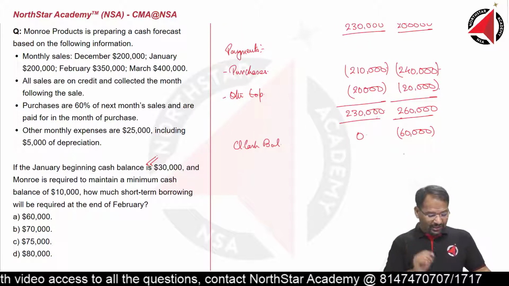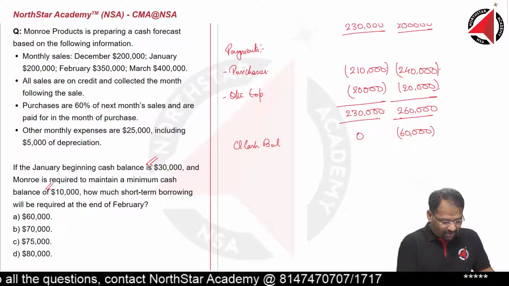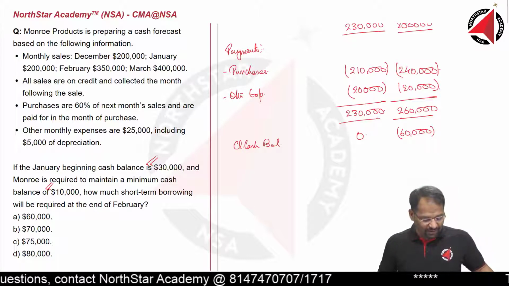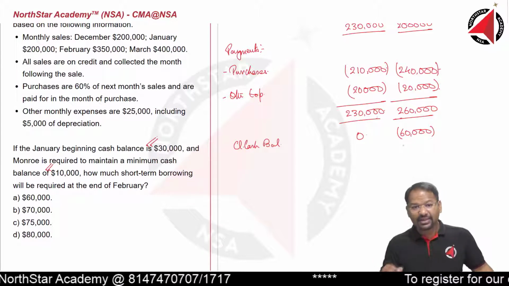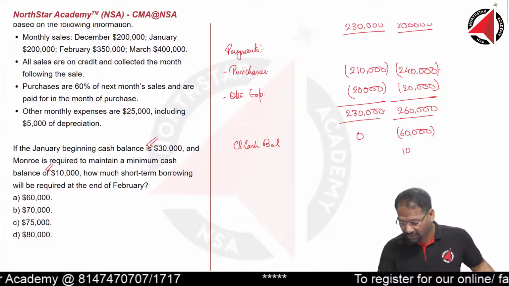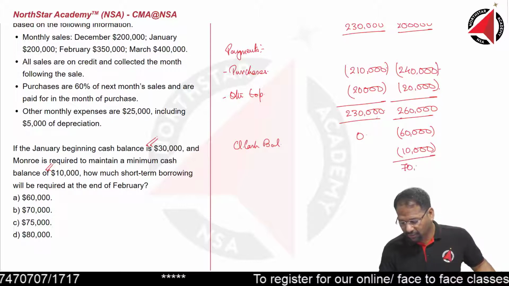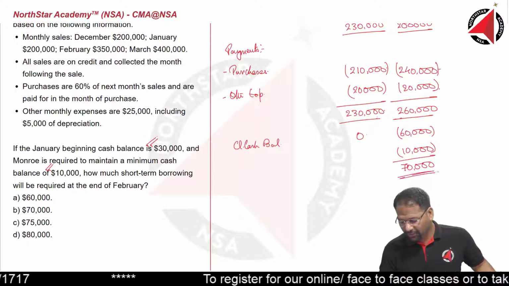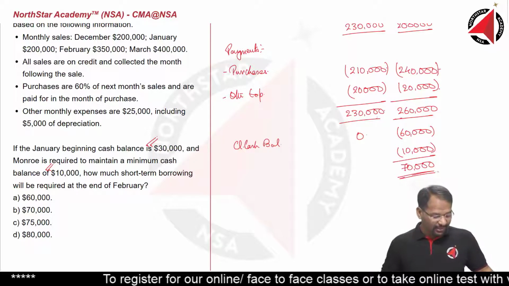But the question has told we need to maintain a minimum cash balance of $10,000 at the end of the month of February. So this $10,000 further needs to be borrowed. So we need to borrow in the month of February further this 10,000. And total borrowings for the month of February would become 70,000.